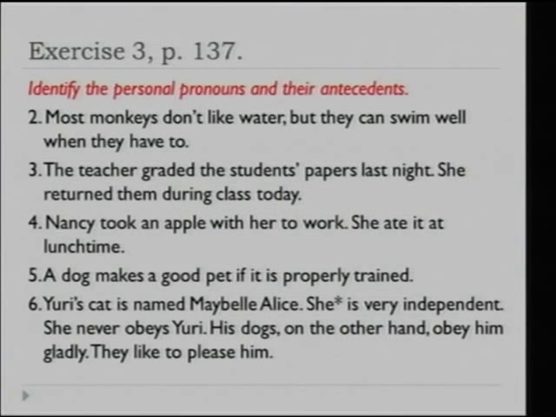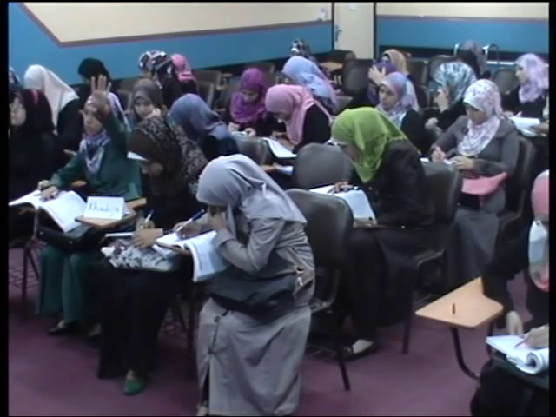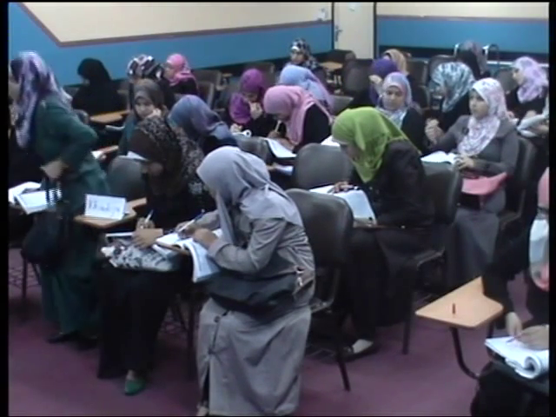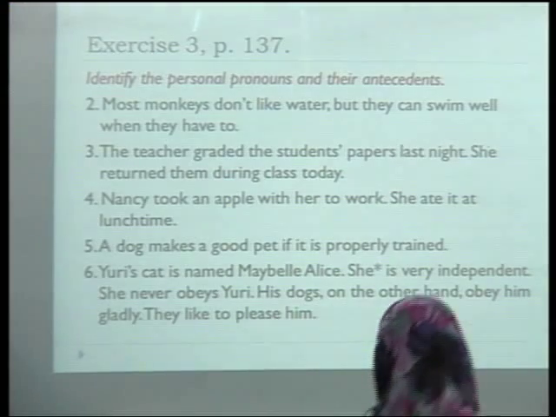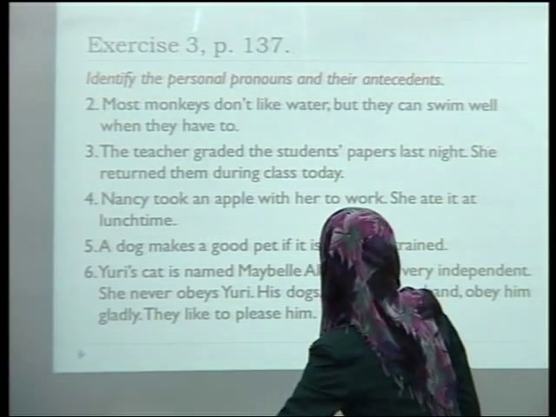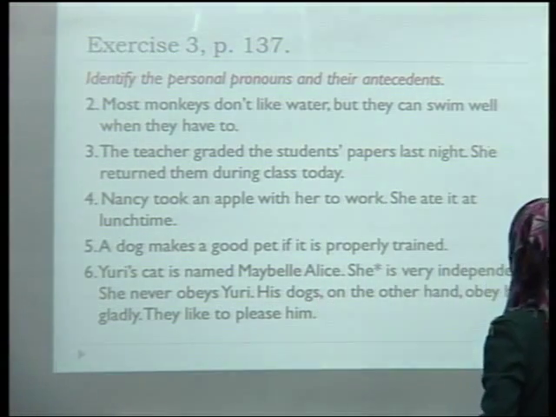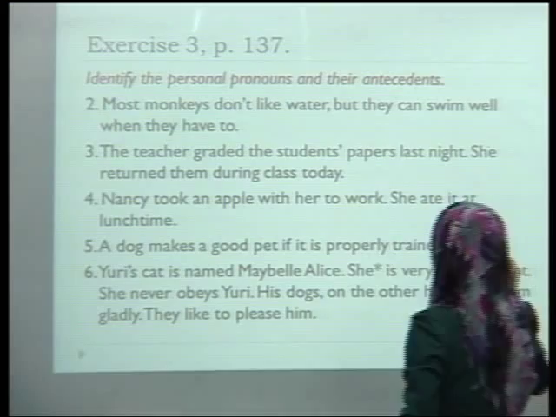Look at this exercise. The first sentence. Identify the personal pronouns and their antecedents. Who wants to come to the board? Come, please. Most monkeys don't like water, but they can swim well when they have to.